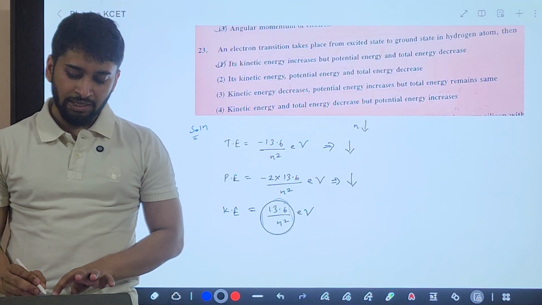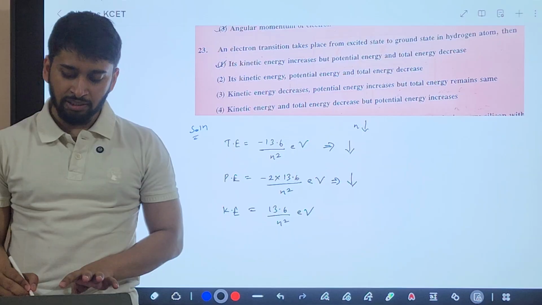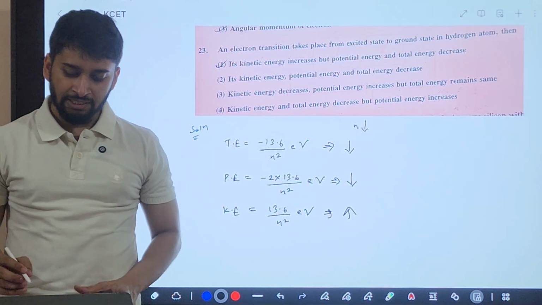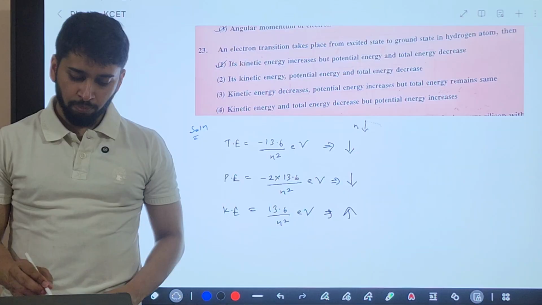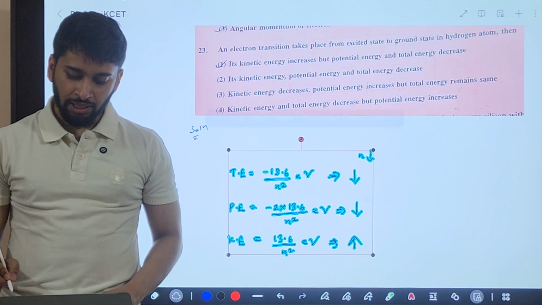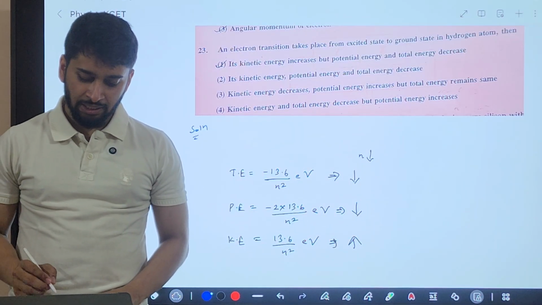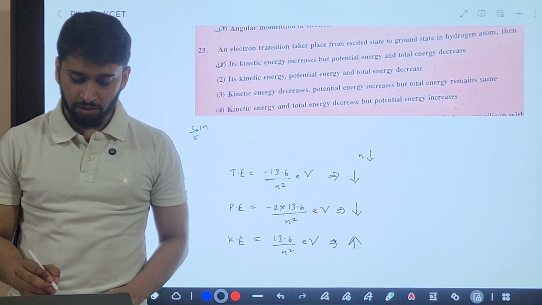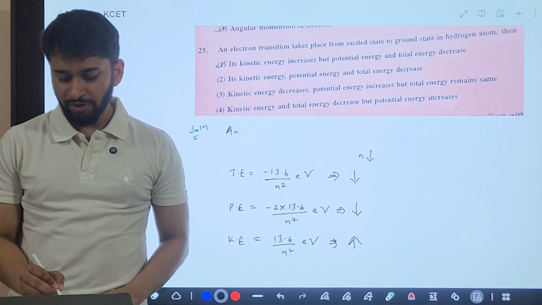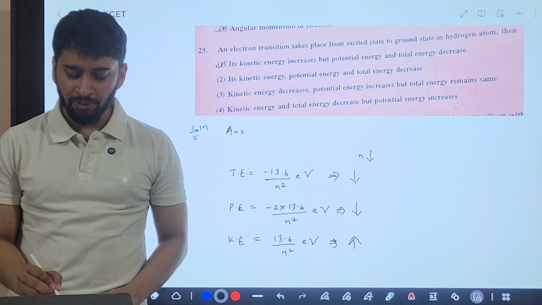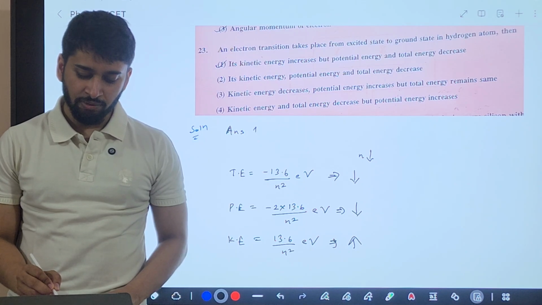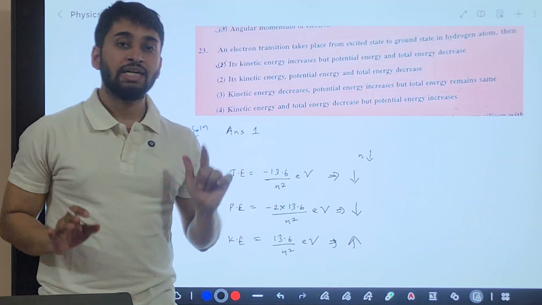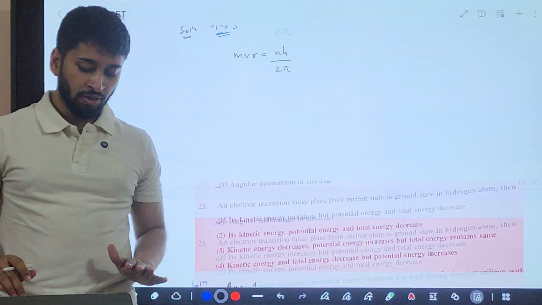For kinetic energy, n decreases, this value will increase, and since this is positive, it is going to increase. So kinetic energy increases, but potential energy and total energy will decrease. If a value becomes more negative, we say that it is decreasing, even though the value is increasing. Great.